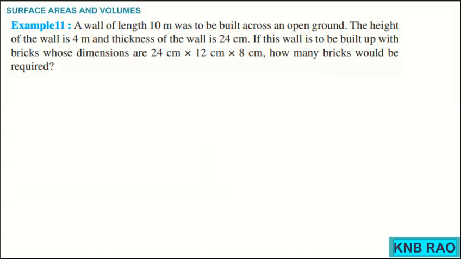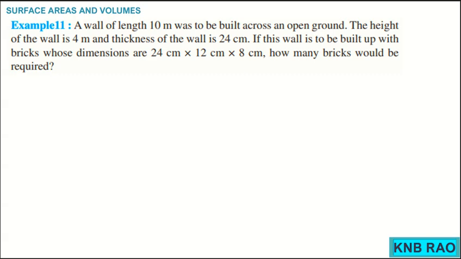Here is the example number 1. A wall of length 10 meter was built across an open ground. The height of the wall is 4 meter and thickness of the wall is 24 centimeter.